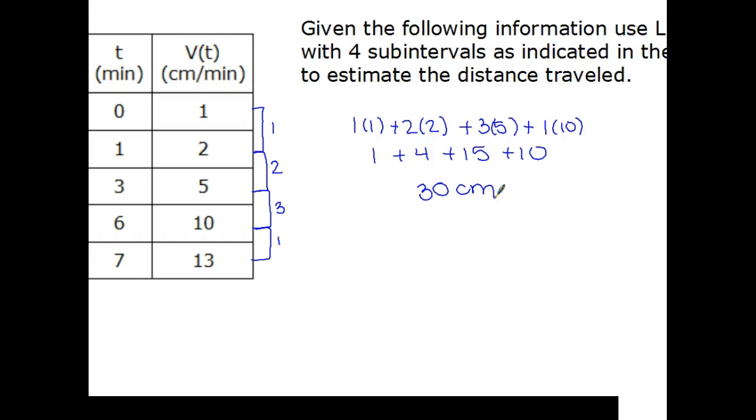That's a pretty significant difference, is it not? 55 to 30? Granted, we're talking about a small distance, but we can see that the approximations in these cases are not the greatest. Let's look at a trapezoid.